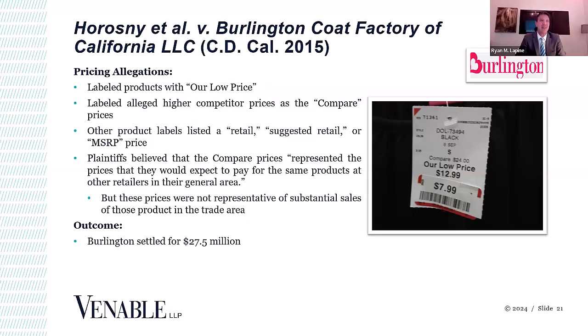But you can't say that gas prices in Los Angeles are $7. That's not representative of substantial sales of that product in the area, even if it is a product sold at that price in this area. And Burlington Coat Factory was alleged here in the Central District of California of comparing at things that just weren't representative of substantial sales. And they ended up settling for $27.5 million.